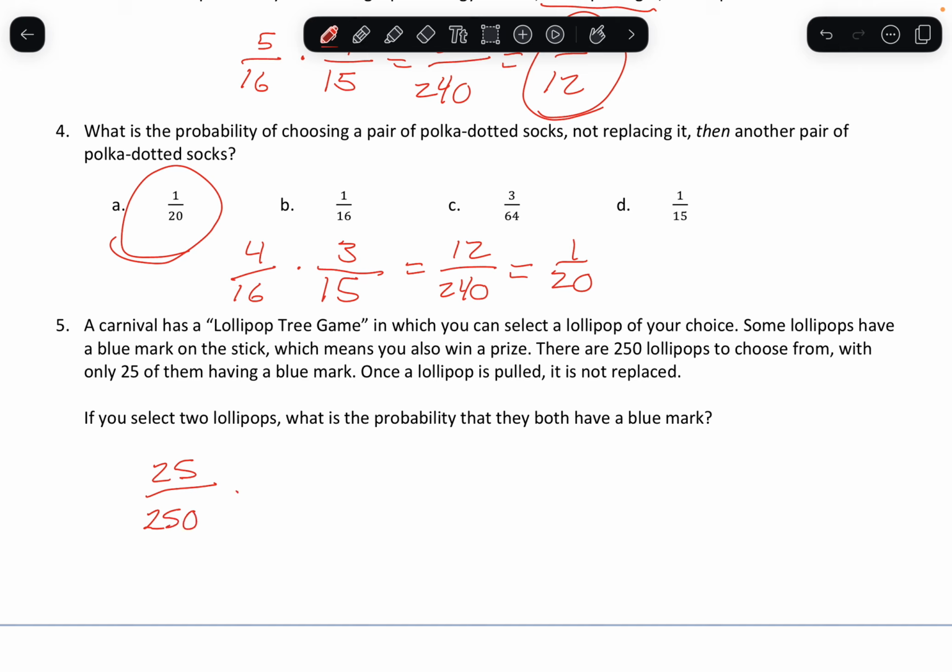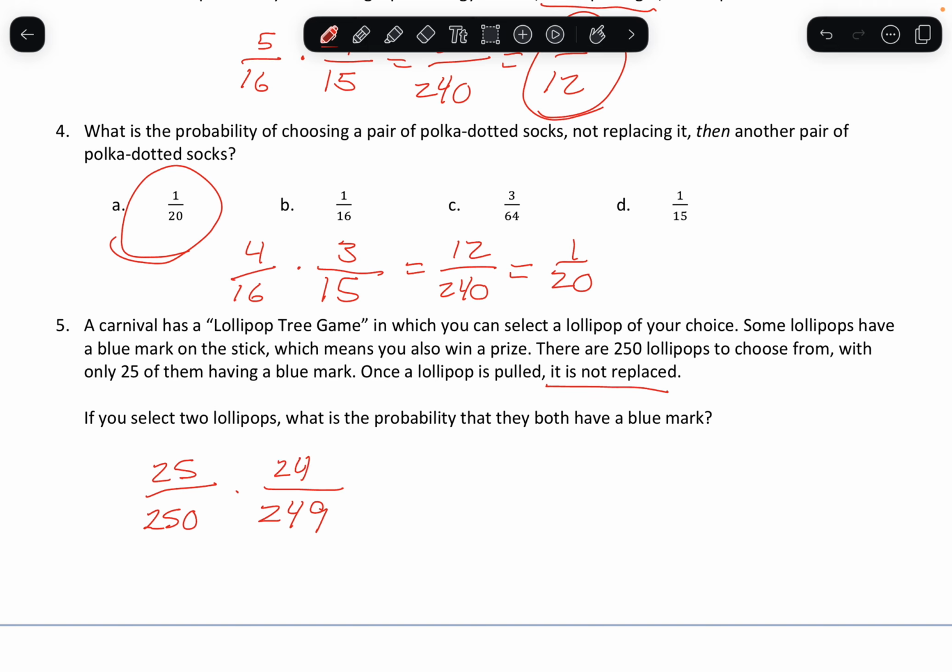That's the first one, because I want them both to have a blue mark. The second time I pull, we're going to assume that we pulled a blue on the first one. So there are 249 now because I'm not replacing it. Remember, it's not replaced. If I pulled a blue lollipop the first time, then there are only 24 left.